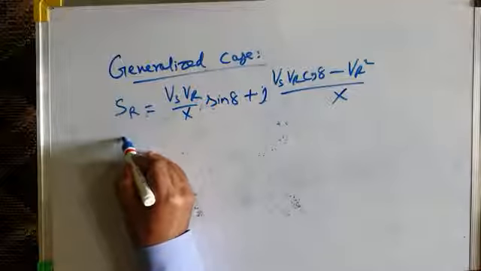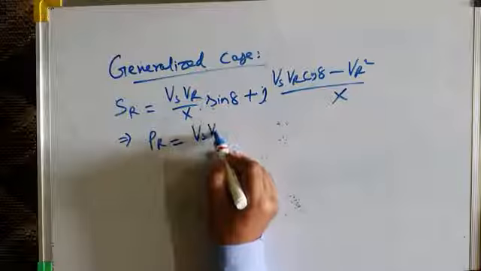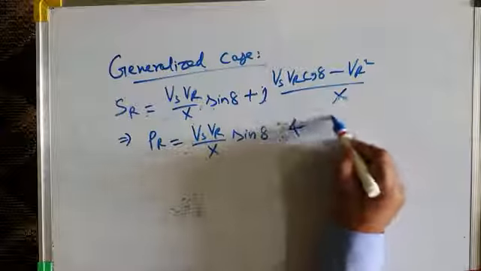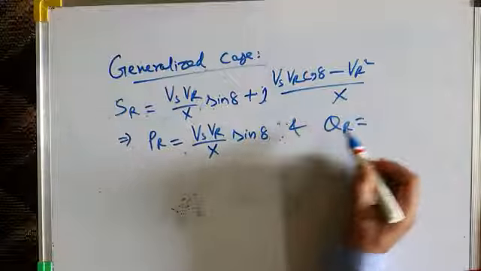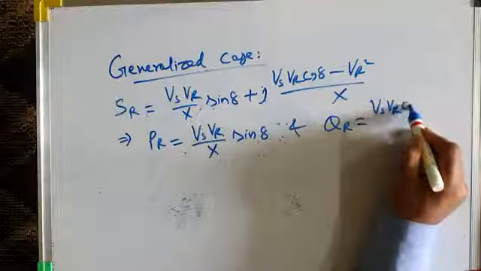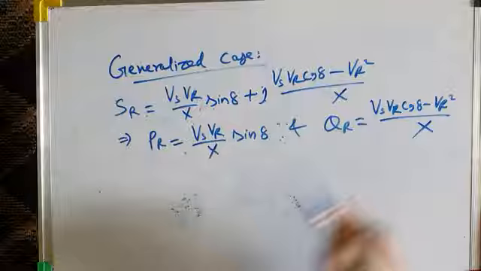So from this, active power PR will be equal to Vs Vr by X sine delta, and reactive power at the receiving end will be this imaginary part, that is (Vs Vr cos delta minus Vr square) by X.